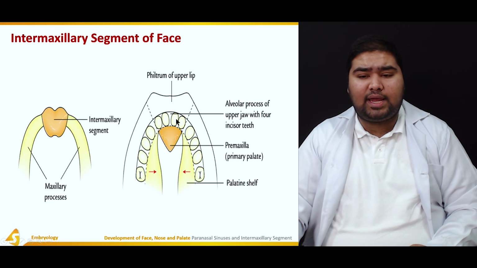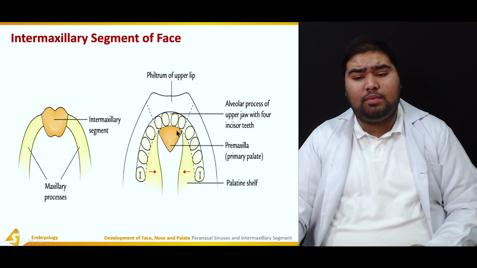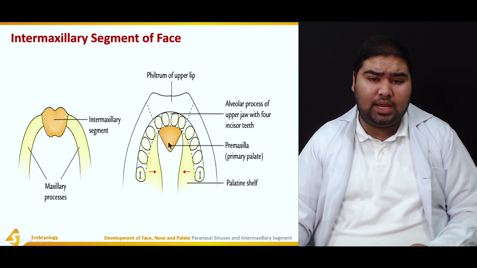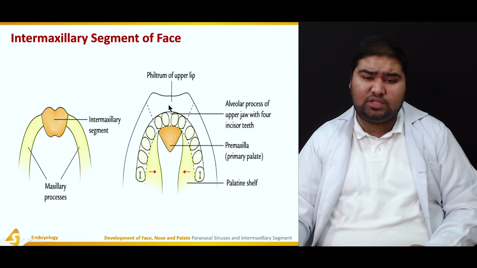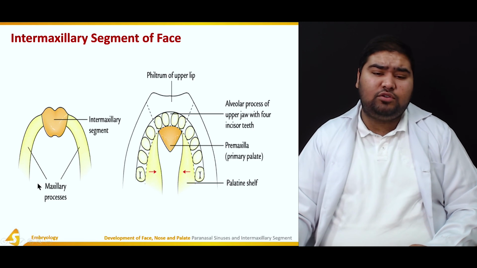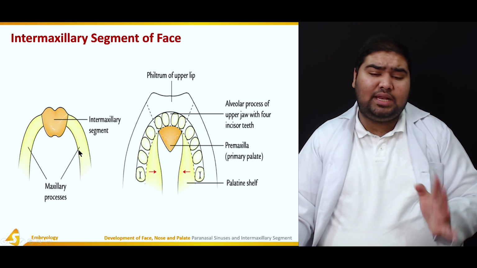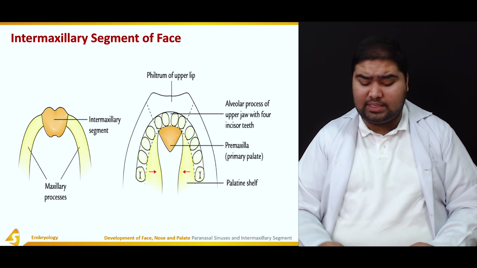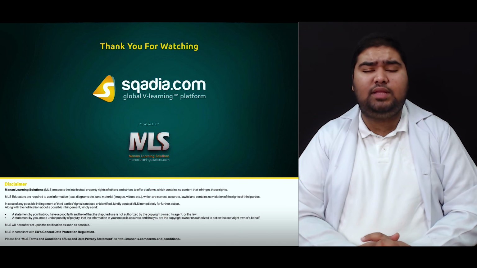This is the second component, the alveolar process, which carries four incisors, and this is the third component, which forms the primary palate, known as the premaxilla. So this is the intermaxillary segment of the face, which is formed by the fusion of the two maxillary processes as well as the medial nasal processes.